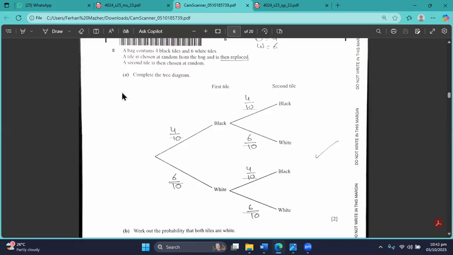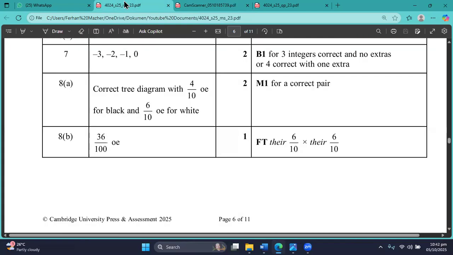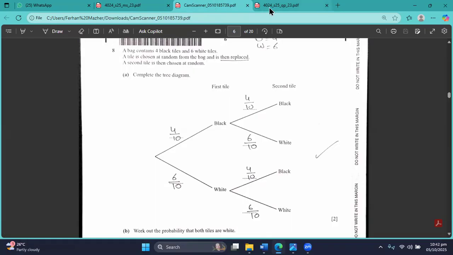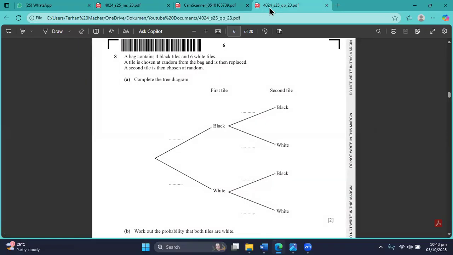So this is how you will write this because they have replaced the first tile. So that's why the total has not changed and their individual numbers also have not changed. So this is how you do question number 8 and its A part.